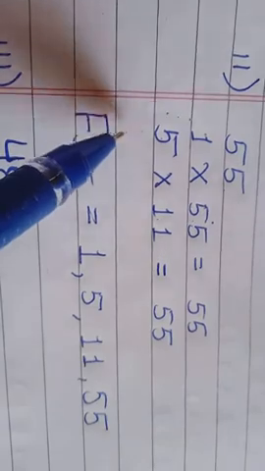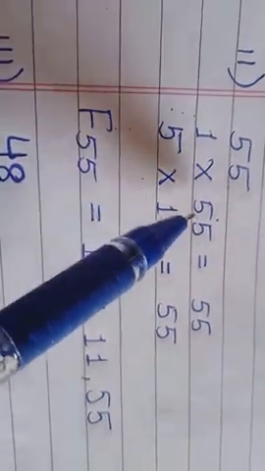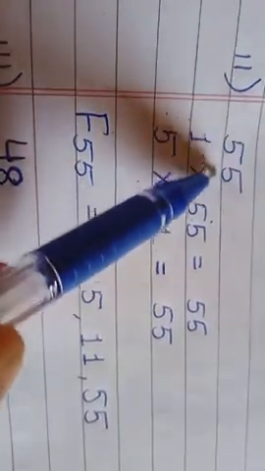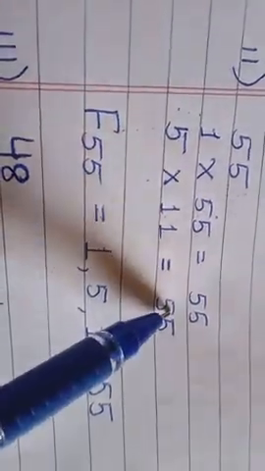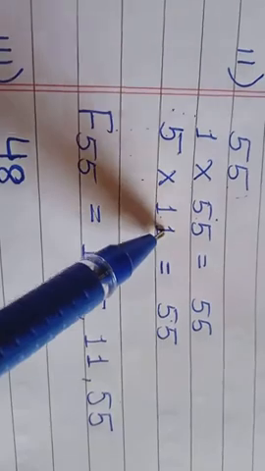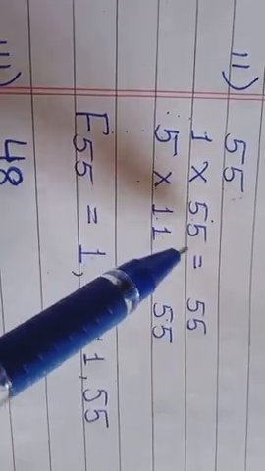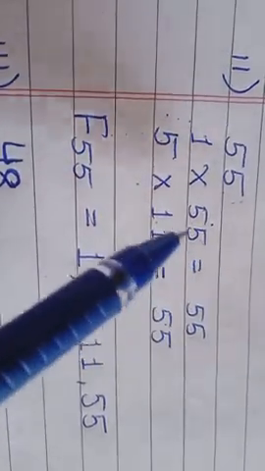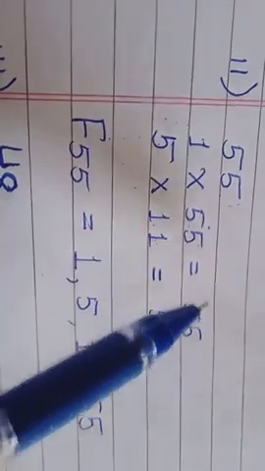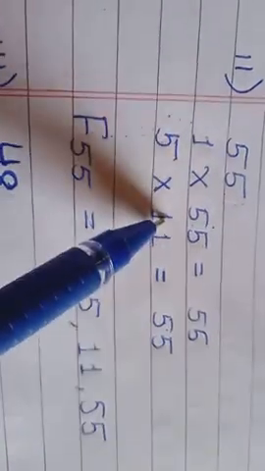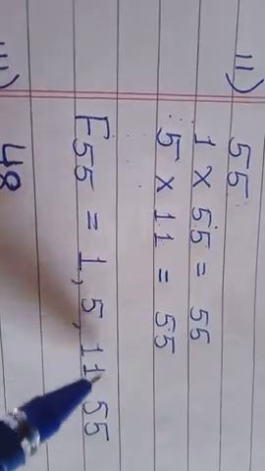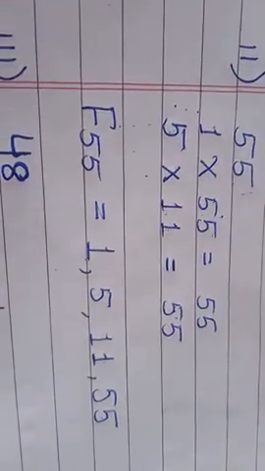Then 6, 7, 8, 9, 10 also do not divide 55 completely. So after 10, 11 comes. 11 5s are 55. And 12, 13, 14, 15 up to this, 55 doesn't come in any other table. So the factors of 55 are 1, 5, 11, 55. I have written it. Okay.